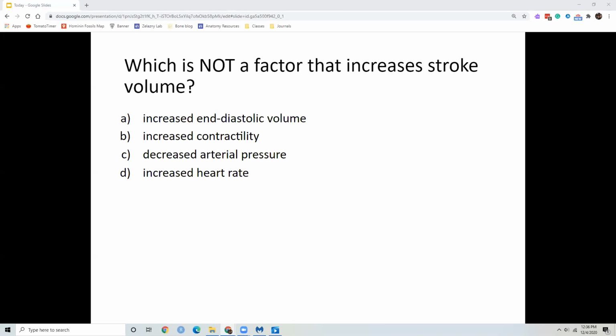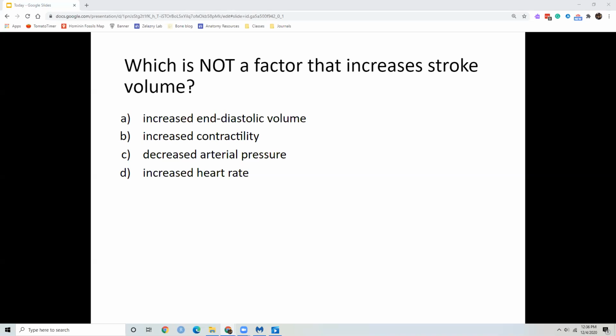But we would see that these other things do. So if you have more blood in the heart, so if you increase the end diastolic volume, if you increase the amount of blood in the ventricles when they're full, then when you squeeze on them, you're going to be increasing the amount of blood expelled from the heart.